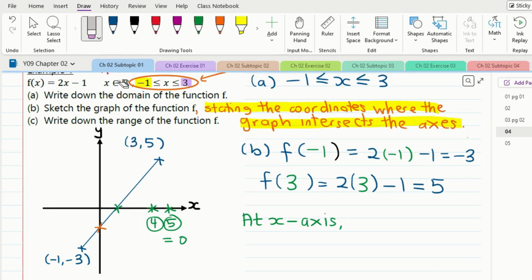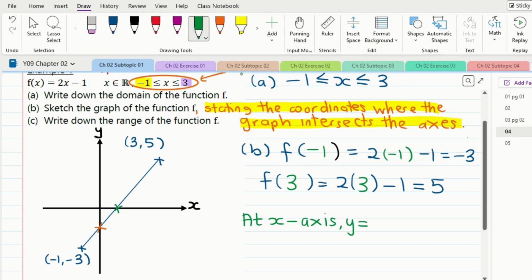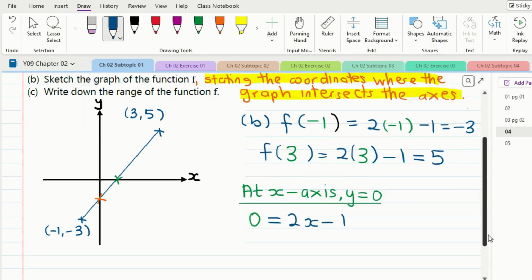So with that knowledge, if you want to find the points on the x-axis, you have to substitute y equals 0. In this case, your y is f(x) itself. So in your example above, substitute 0 as your f(x) equals 2x minus 1, and you will find the x value.